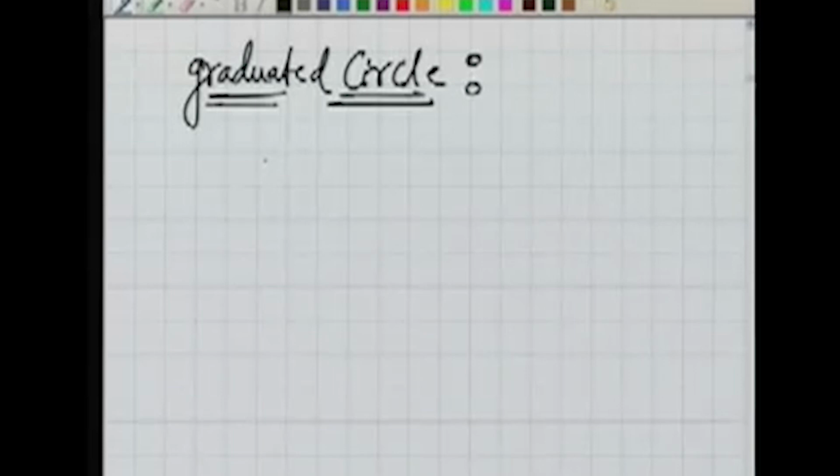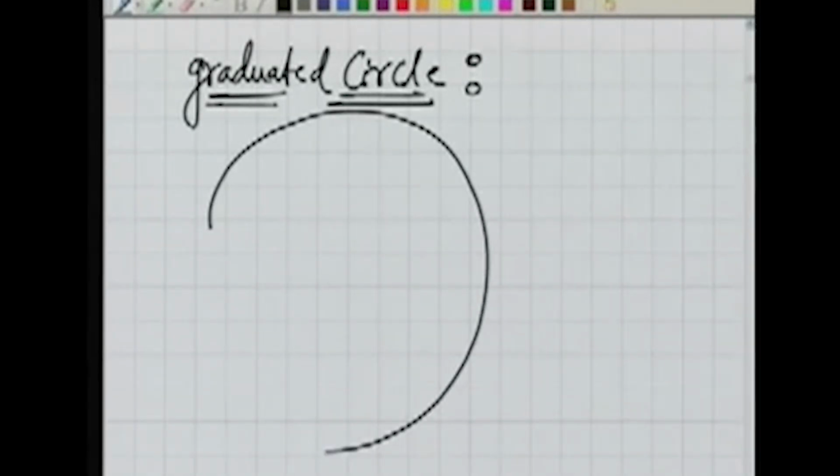If there is eccentricity in vertical circle and the vernier, again we need to take the observations for vernier A and vernier B. In vertical we are saying vernier C and vernier D, take their mean, the error due to eccentricity will be eliminated. Now when I say graduated circle, I mean the graduated circle is non-uniformly graduated.